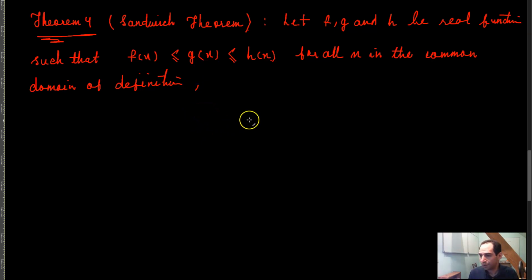So let f, g, and h be real functions such that f of x is less than or equal to g of x less than or equal to h of x for all x in the common domain of definition.